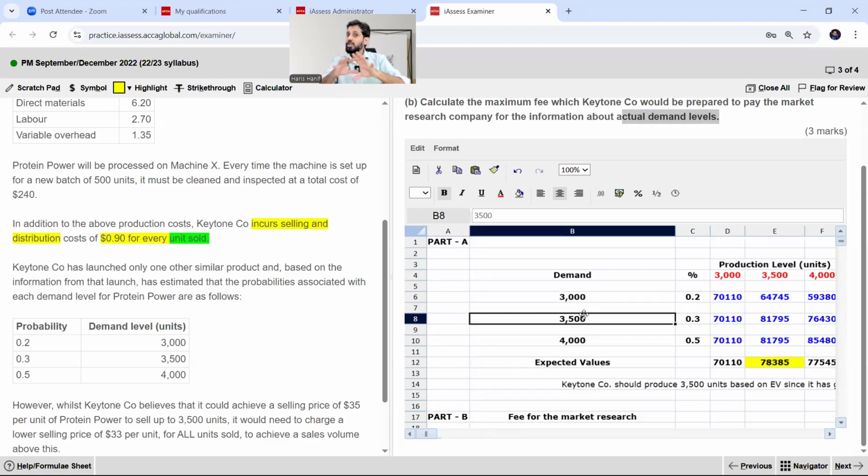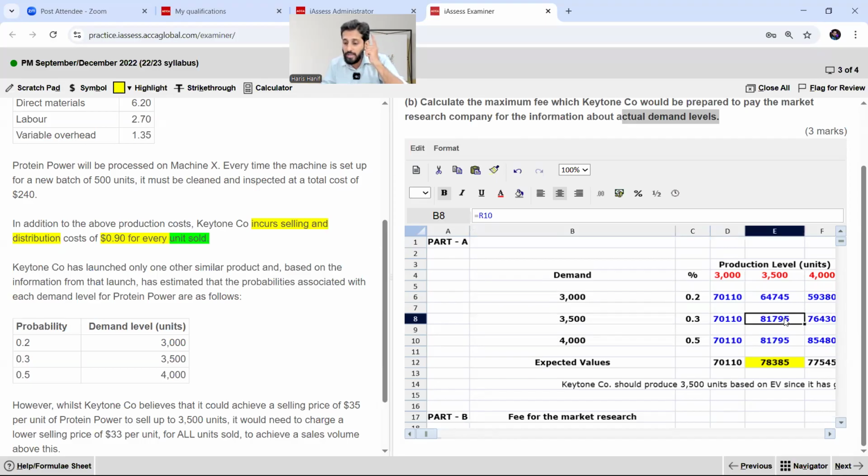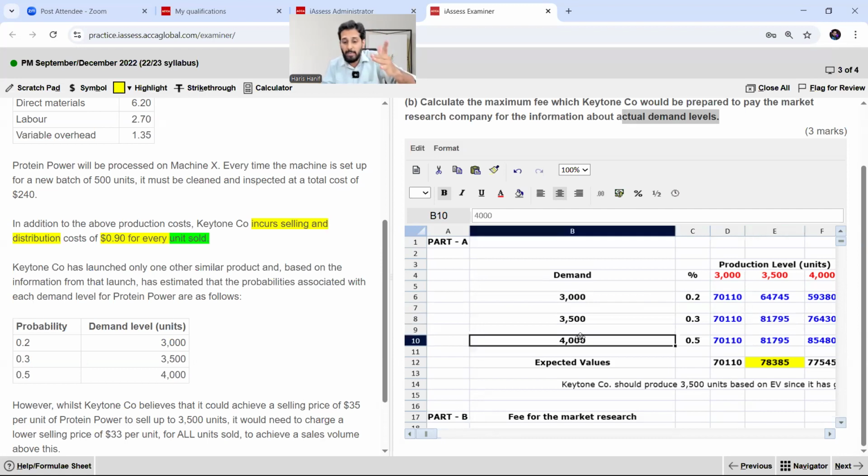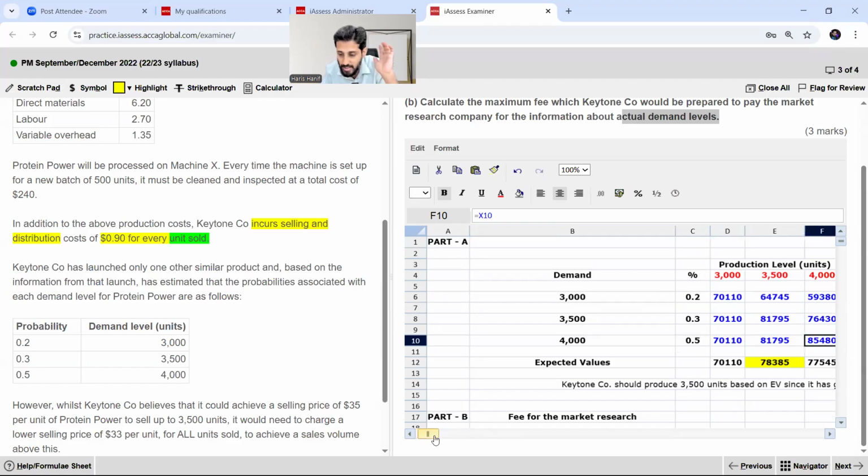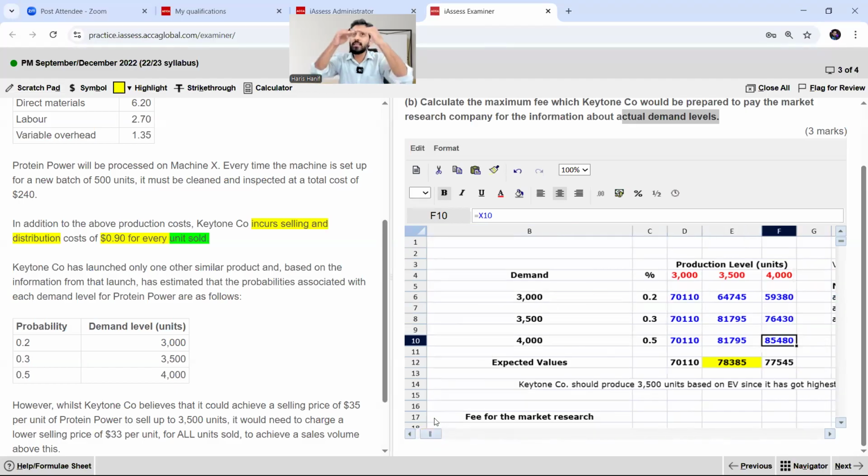Now this whole chapter is based on what-if analysis. If demand is 3500 and I have perfect information, I will go with this highest return. And if I have 4000 demand and perfect information, I will go with this value with the highest return, right? So in all three circumstances, a technique is being applied: what-if analysis.